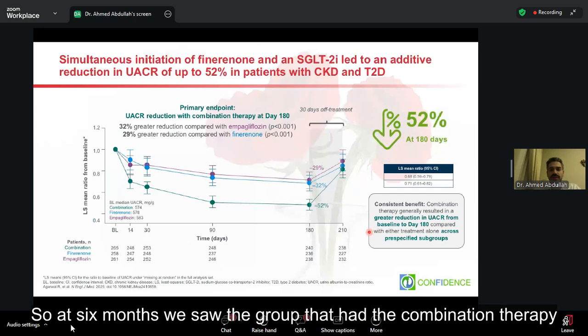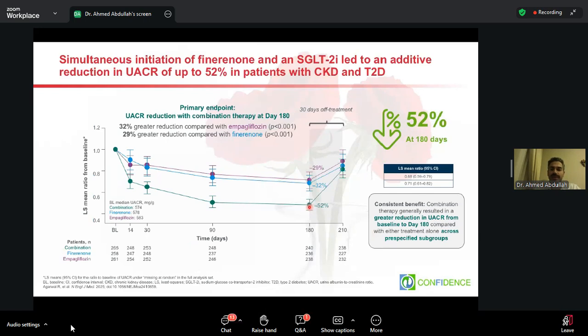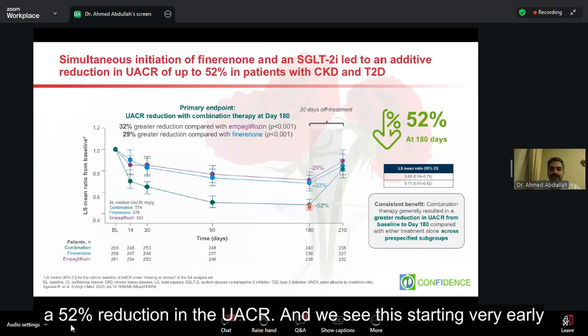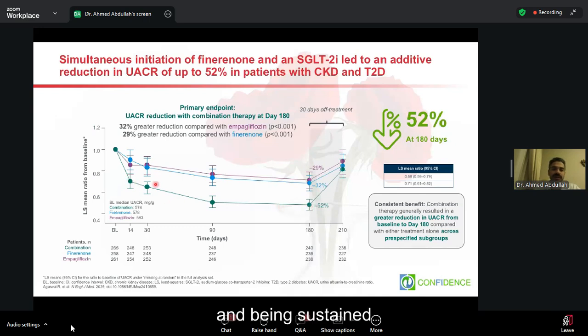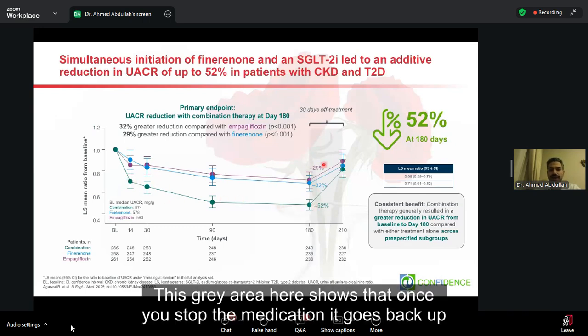What did we see? At 6 months, the group that had the combination therapy had a 52% reduction in the UACR. We see this starting very early and being sustained. And this gray area here shows that once you stop the medication, it goes back up.